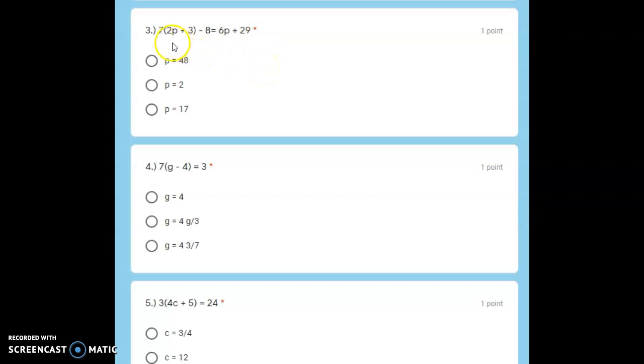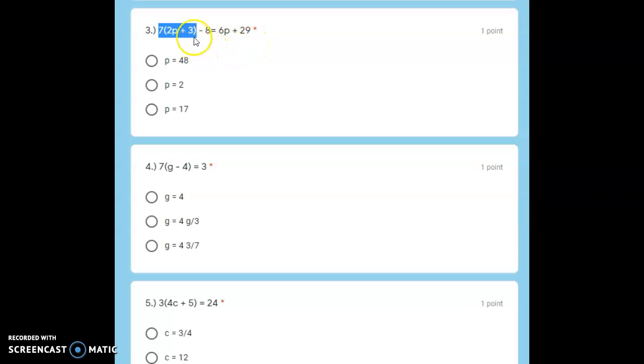On this one it says 7 times 2p plus 3 minus 8 equals 6p plus 29. To get you started, you want to go ahead and do the distributive property for the first part of this problem right here. You're going to take the 7 times the 2p, and you're going to take the 7 times the 3. And that's going to give you 14p plus 21 minus 8 equals 6p plus 29.